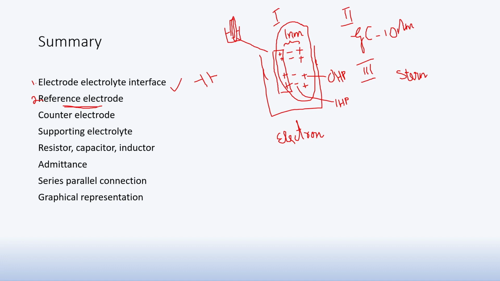So that is the need for using a reference electrode. A reference electrode is something having a constant potential drop, and that will in a way help you to measure the potential across that electrode. Now the third topic that you learned was the counter electrode. So what is the counter electrode doing? When you're passing a large current through the working electrode, this current is passing through the reference electrode to complete the circuit.